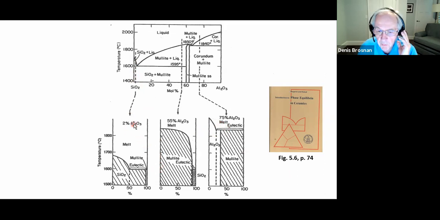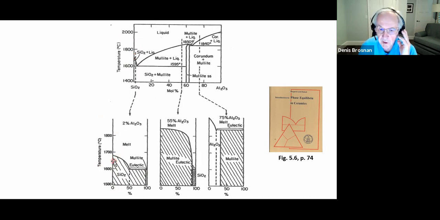And so here's one composition, 2% alumina, and it tells us the percent of each phase that's present or should be present at equilibrium on heating. Now they've thought about this in cooling, a melt of 2% alumina, 98% silica, and you go through the liquidus temperature up here, just below 1700, and we start forming some crystalline silica.